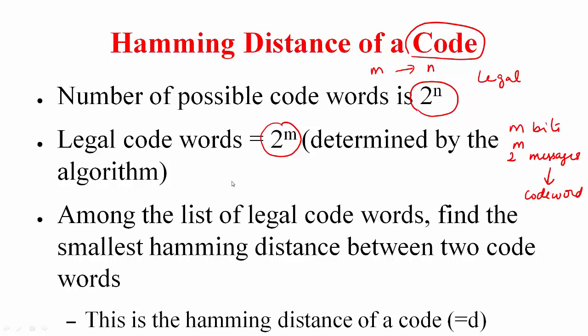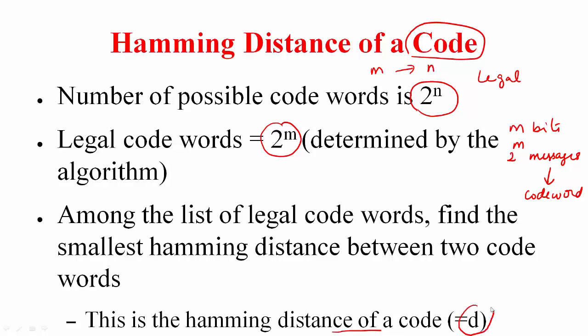Now the Hamming distance of a code is given here, where among the list of legal code words, you take all combinations of two code words, find the Hamming distance, and the minimum over all of these is the Hamming distance of the code. So what this basically means is that any two code words that are part of this code differ by a distance of at least d.